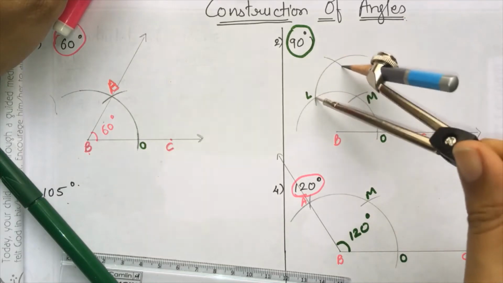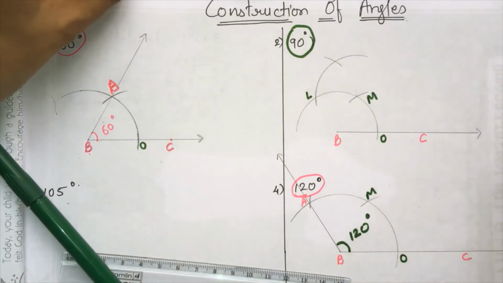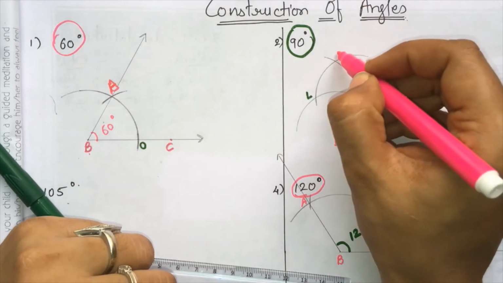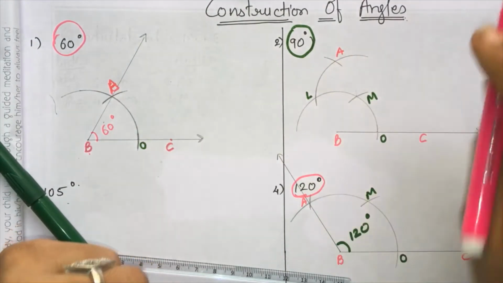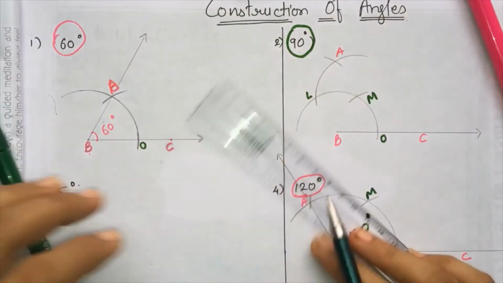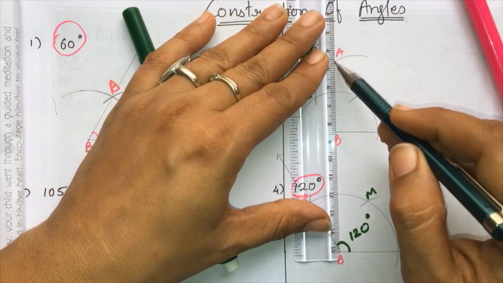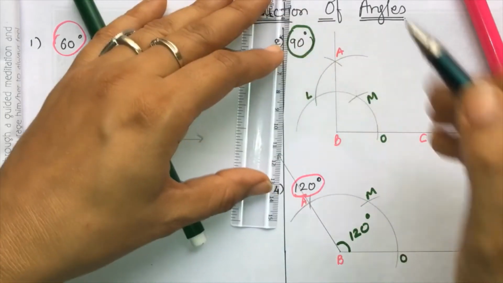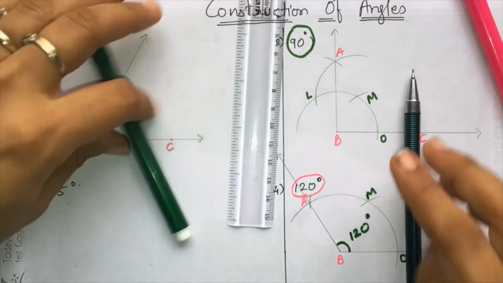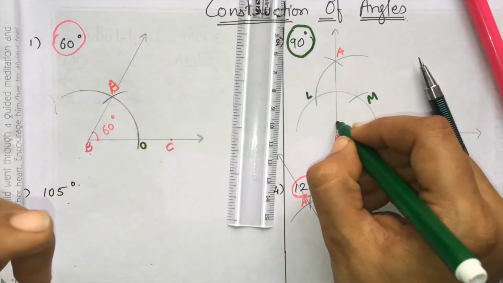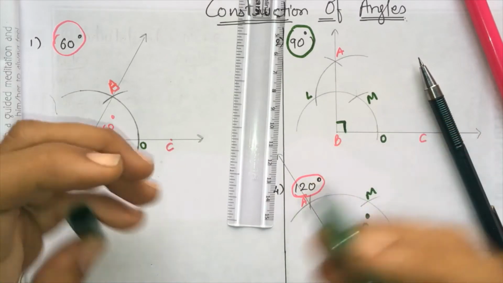So this is the point of intersection, and this point of intersection we will name it as A. So this is A, and we will join AB. So you can see that this angle B is 90 degree.